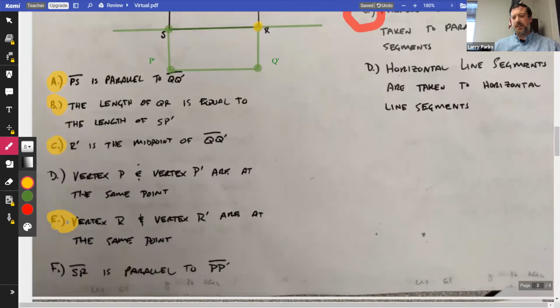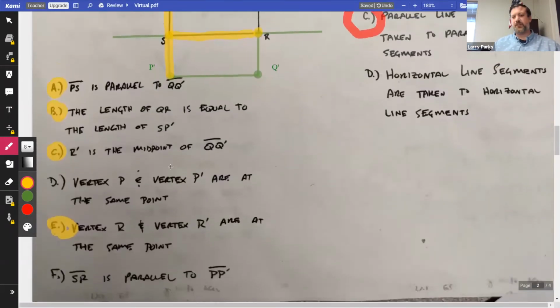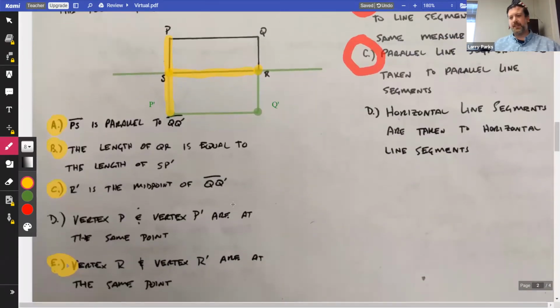And SR is parallel to PP prime. Is this parallel to this? No, but if they said perpendicular, I would agree with that, so that's not true. Okay, so I got A, B, C, and E.